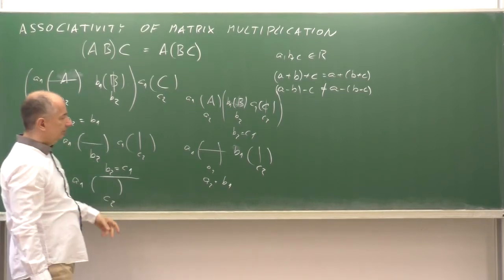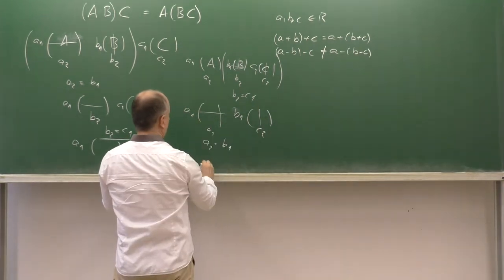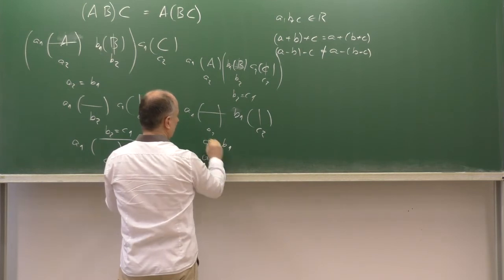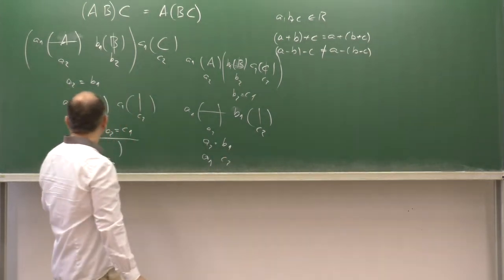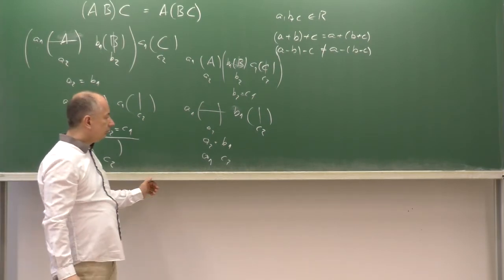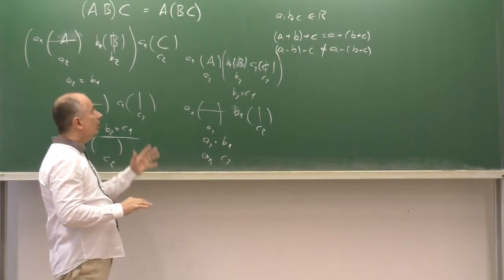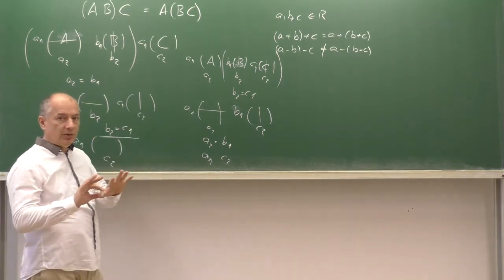And then the final result will have dimensions A1 times C2, which is as before. So just considering the sizes of the matrices, it's okay.